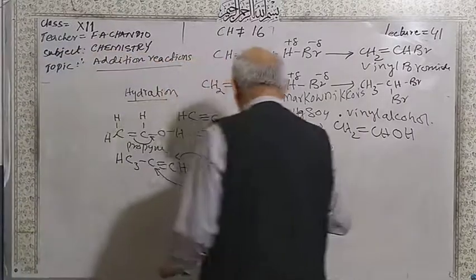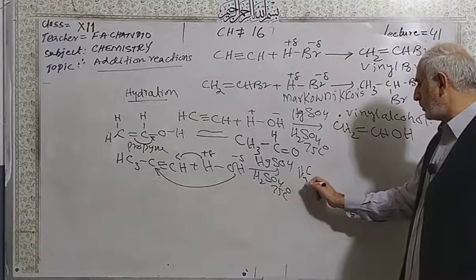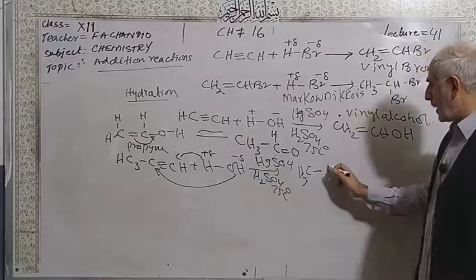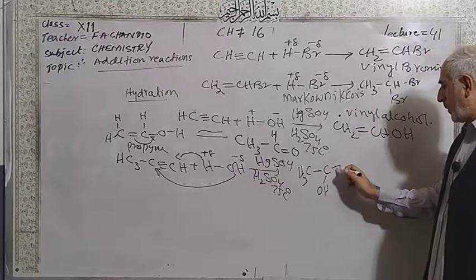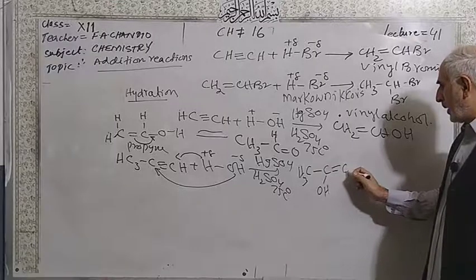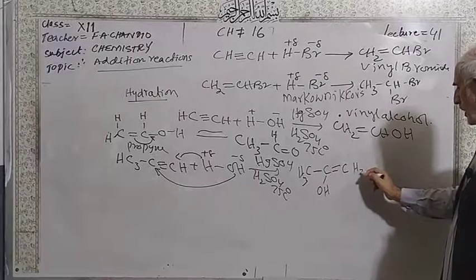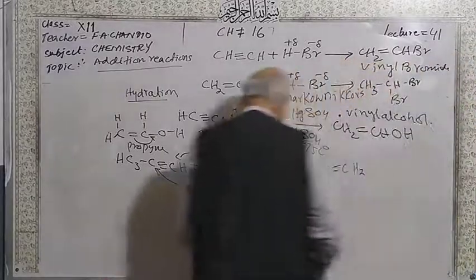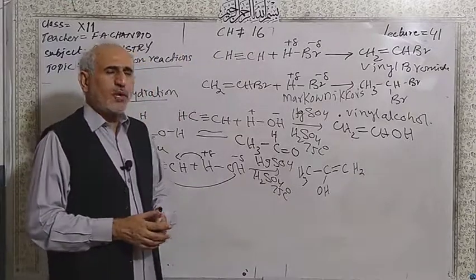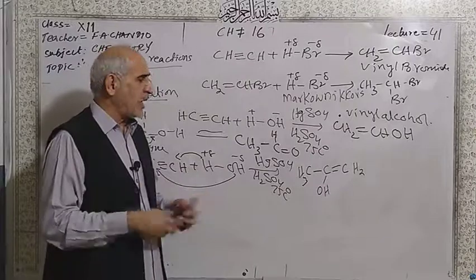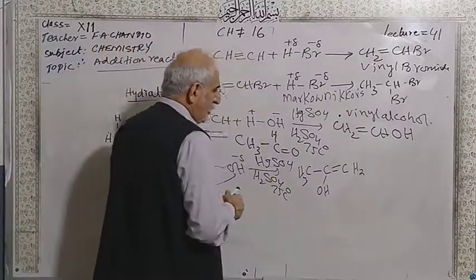Dear students, you will get CH3, this carbon with the OH, and the carbon triple bond becomes a carbon double bond, and there will be a CH2. This is 2-hydroxypropene, and these vinyl alcohols are unstable, so there will be a rearrangement.